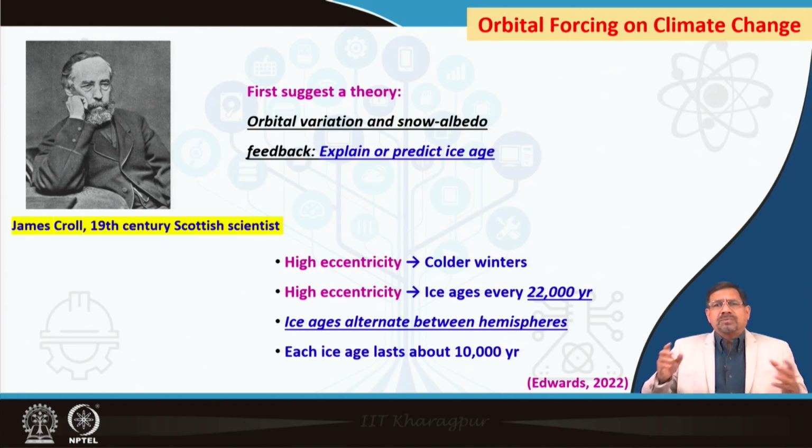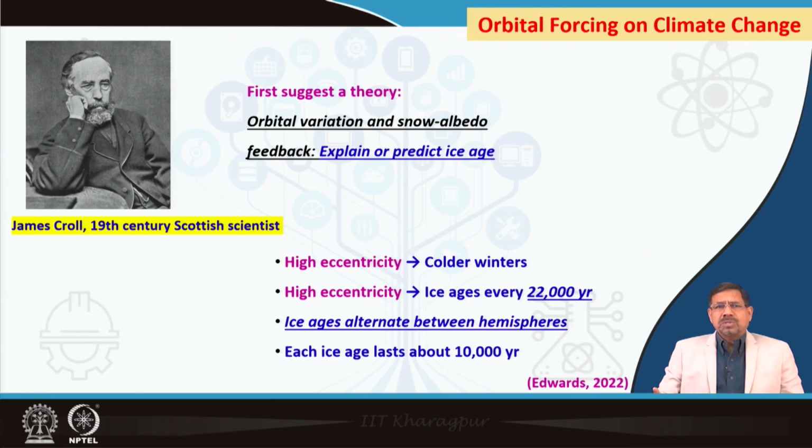He said that perhaps the variation of the orbit, that means the earth's rotation, revolution, tilt, all these things are actually contributing, and also the snow albedo, the reflectivity property of snow, these are probably contributing or can explain the climate change. So, the feedback explains or predicts the ice age.